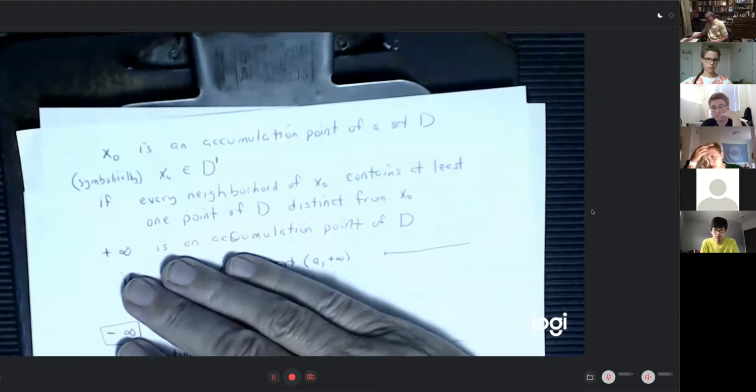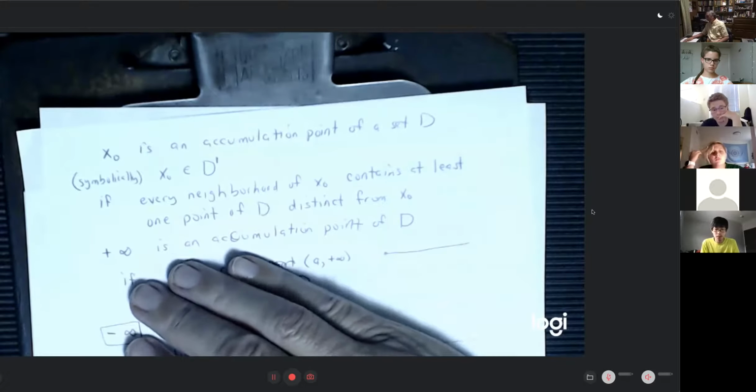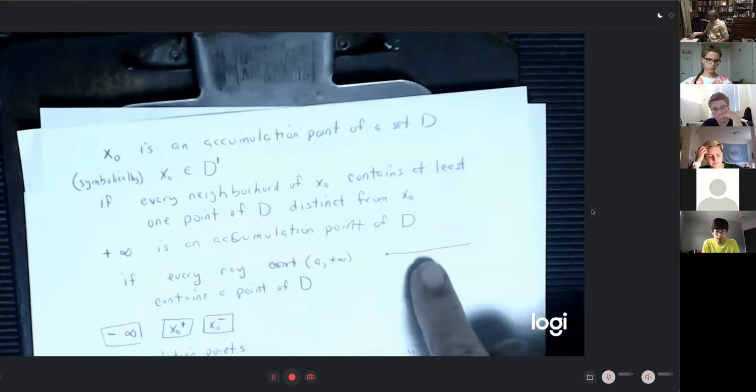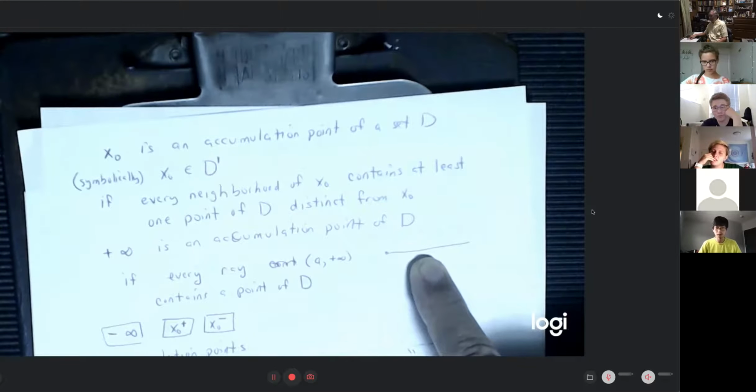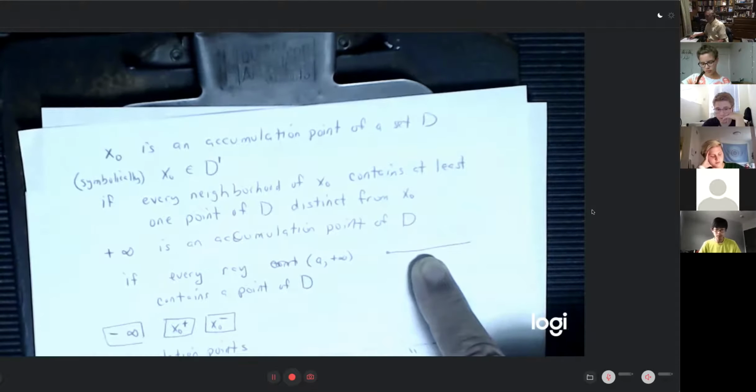But what do you mean by saying a neighborhood? It turns out that a neighborhood of infinity is a ray. What's a ray? It's not a fish. In the number system, it means something bigger than or equal to a number. If I talk about the numbers from 1 to infinity, that's called a ray.